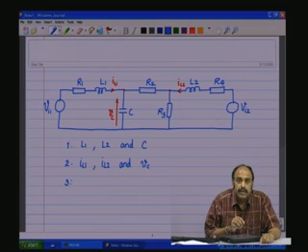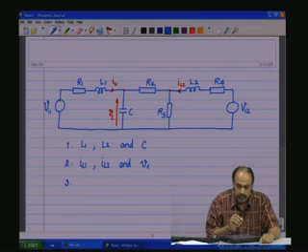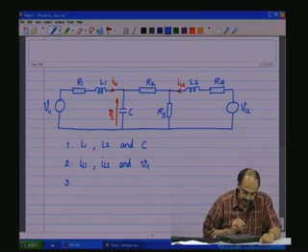So, now the third step in our process of obtaining the mathematical representation of this circuit is we take the dynamic elements or the energy storing elements one by one and try to solve the equations around them.